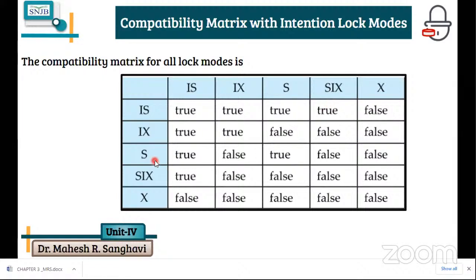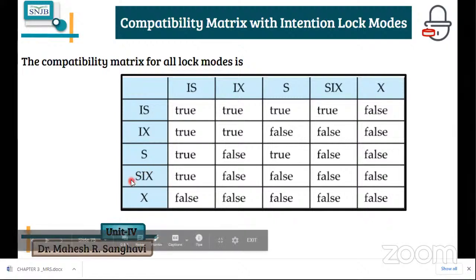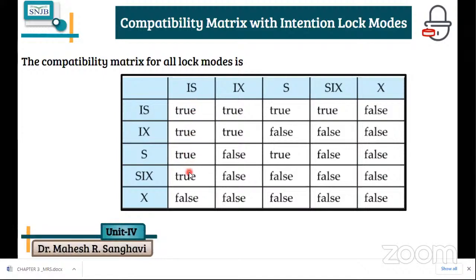Same in the case of S, we have seen that S is allowed for shared mode, allowed for sharing also, but it is not allowed other than IS and S mode. SIX is only allowed with IS mode, if you have locked a data item using SIX mode, it allows you to lock the same data item by a different transaction using IS.